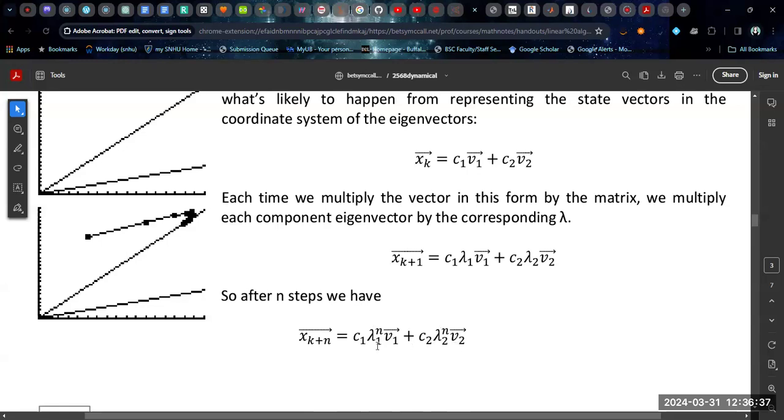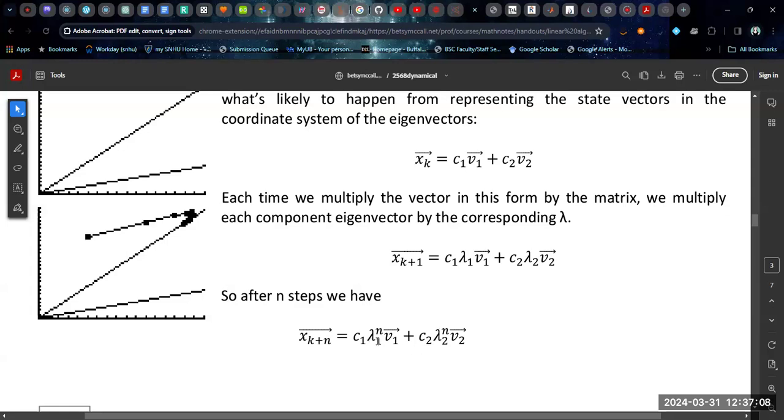Now, this is the relationship that we need in order to understand how the behavior of the system is going to be changing. So if our lambdas are 1 or larger, then this component will persist in our final solution. Whereas if we're taking a number less than 1 and raising it to a large power, then that's going to eventually disappear, because fractions multiplied by fractions get smaller over time.